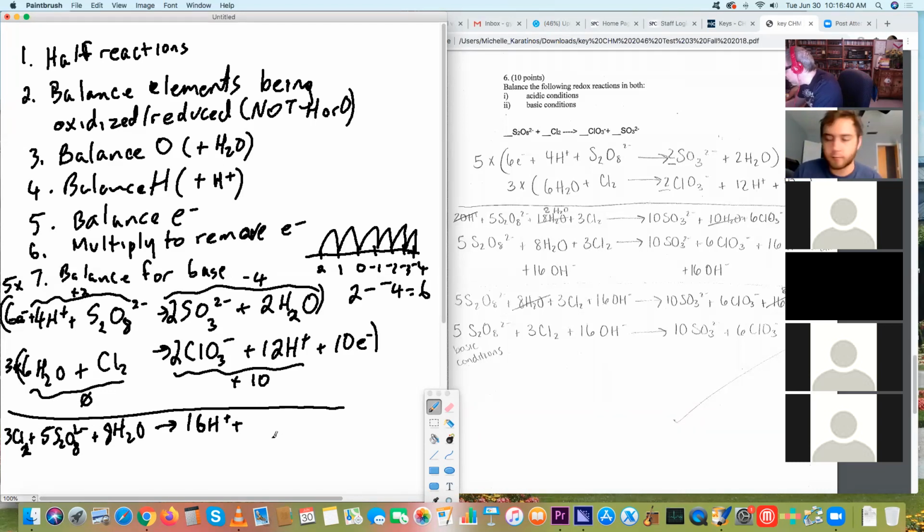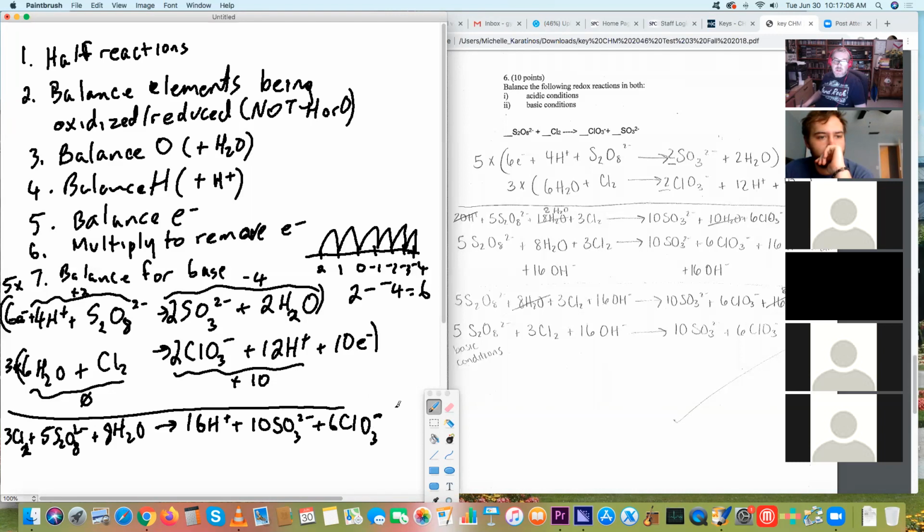And over here we'll have 10 SO3 2 minus, that's 5 times 2. And down here we'll have 6 ClO3 minus. Now hopefully that should be balanced. Does anybody have any questions so far?